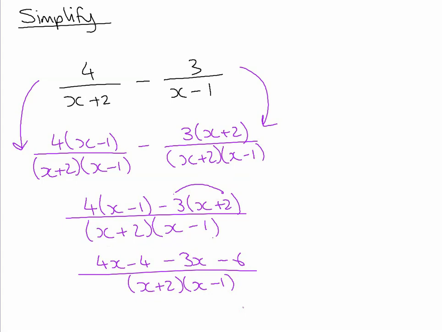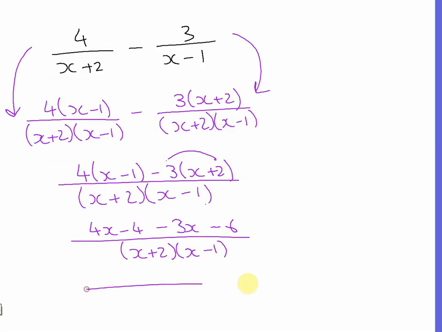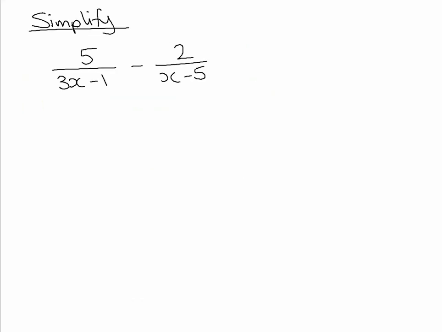Keep the denominators and just collect the like terms. So we have 4x take away 3x, 1x, minus 4, take away another 6, minus 10. Now I see a lot of people that think they're good at this, they skip steps, they get things wrong. What I'm showing you is a safe way, so please adopt it.